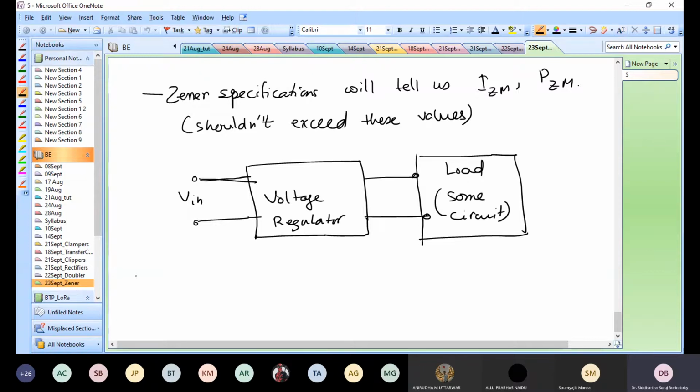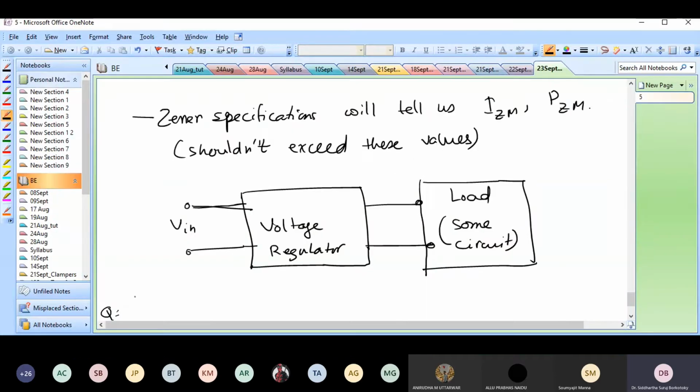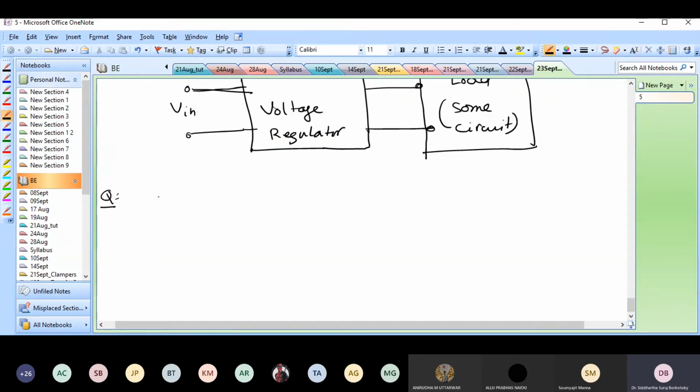So let's do a problem. A typical problem. We are given a Zener diode. Suppose I have a V input equal to 16 volts.